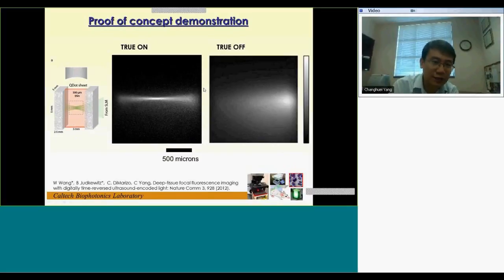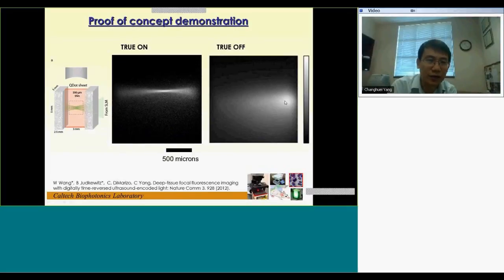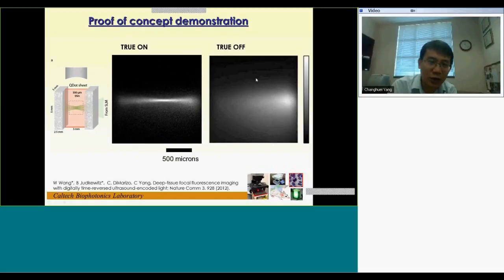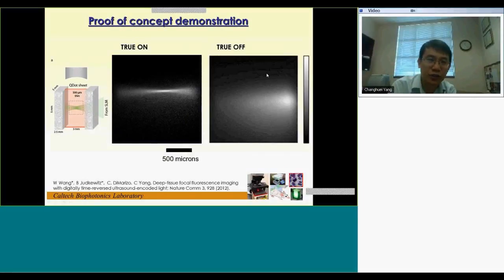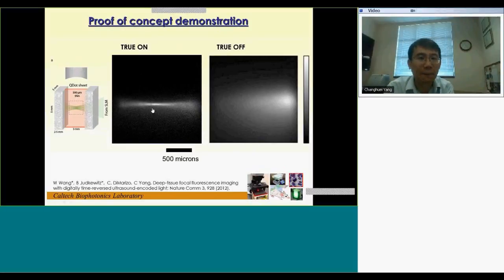sheet. And you can see that if we simply send light through this piece of scattering tissue and do nothing, the light is quite scattered as it passes through that piece of tissue, and we can experimentally visualize what is going on through the use of that quantum dot sheet. Now, we turn on this optical focusing approach.